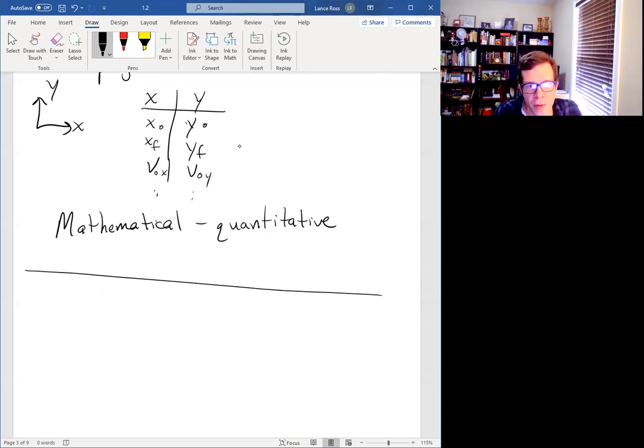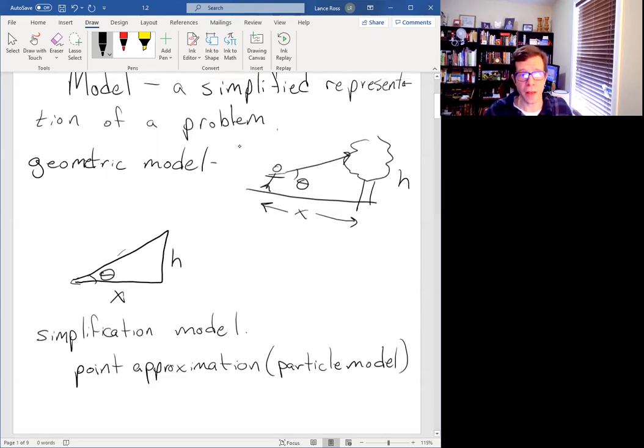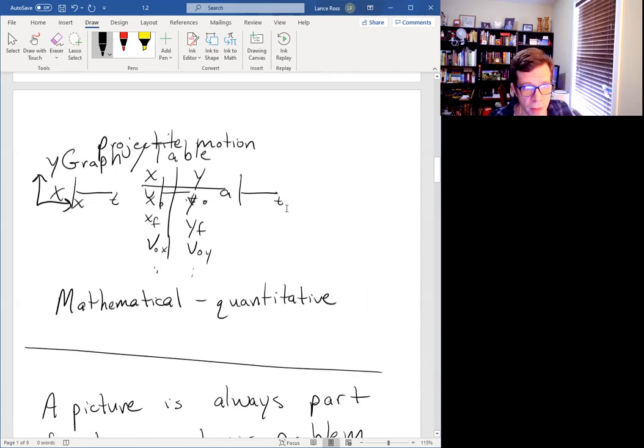I know you say never, but I can't imagine a situation where a picture wouldn't be useful in physics. That may be a mental picture, and it may be one that you draw, but in general, I would always begin by drawing a picture.